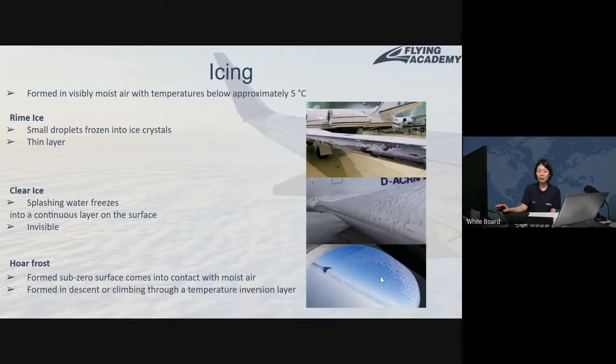Normally this happens during descending and then climbing, when the temperature is changing very quickly. During cruising we are flying for a long period in very cold temperature, so our aircraft surface is already very cold. So when you come down to the warm area, the moisture inside the warm air starts to condense on the top of the aircraft. That is going to happen.